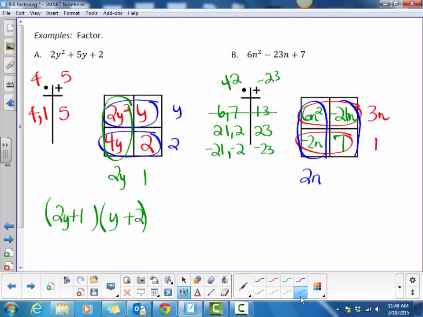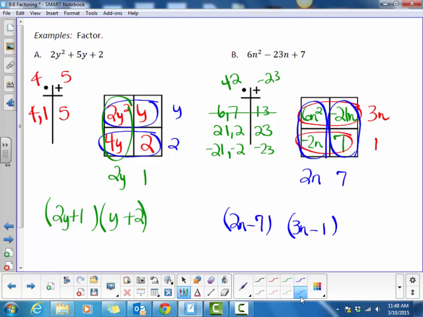In this column, I have negative 21n and 7. So 7. Okay. So both of these are negative. So I have 2n minus 7, and I have 3n minus 1. So those are the factors of 6n squared minus 23n plus 7.